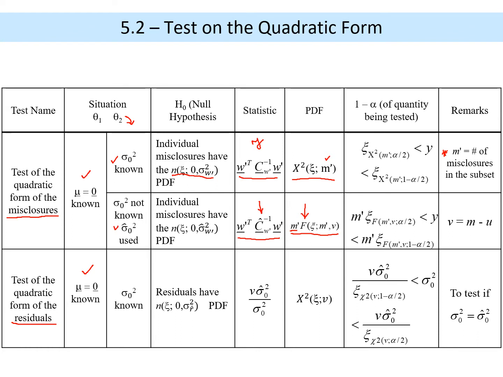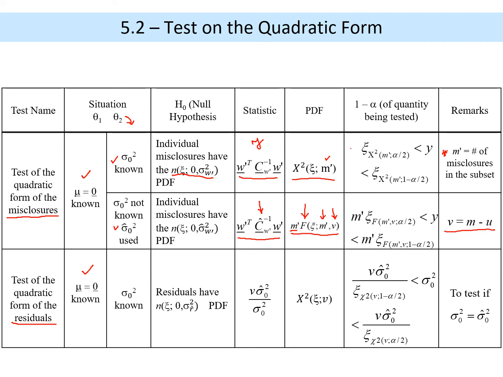So we have the first degree of freedom here is m prime, number of misclosures in the subset, and we have ni, which is our good old friend ni as degrees of freedom, given by m minus u, and again, this is, in the conditional case, number of conditional equations minus number of unknowns.